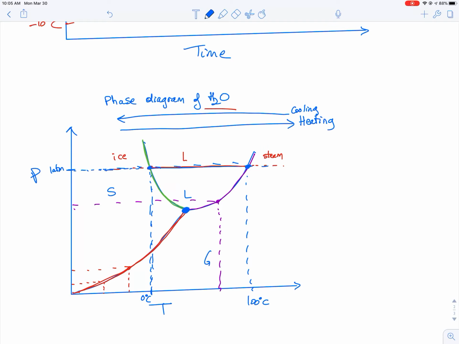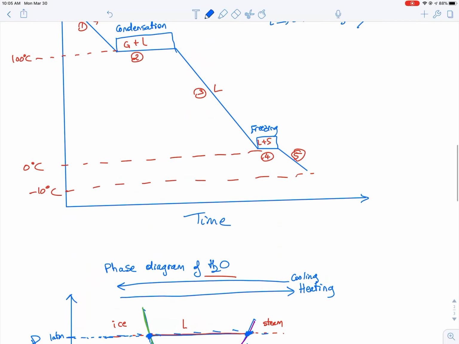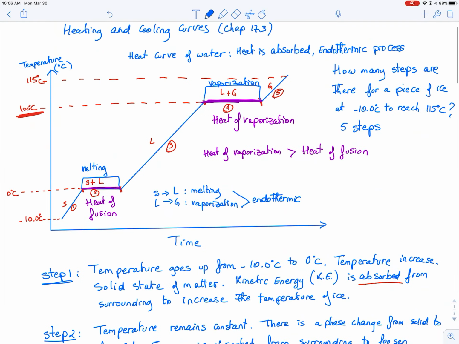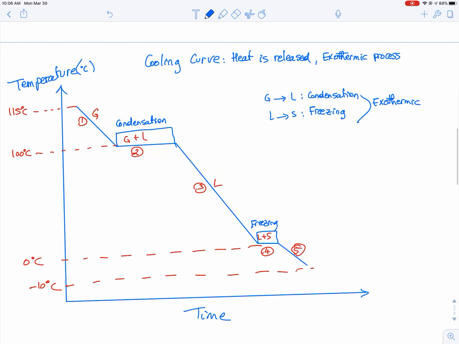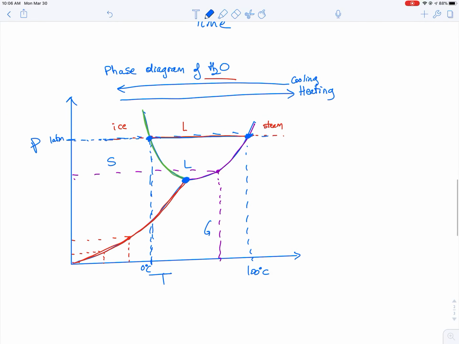But you see that point and that point over here, these 2 points, are represented by the plateaus that you see in your heating and cooling curves. So these plateaus represent the points that you see on your phase diagram. So they correspond to these 2 points over here.